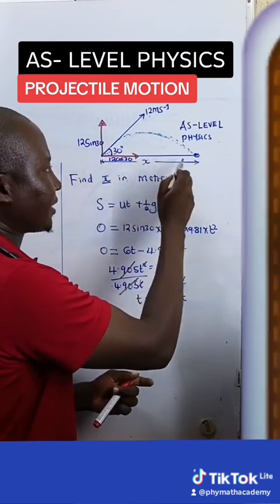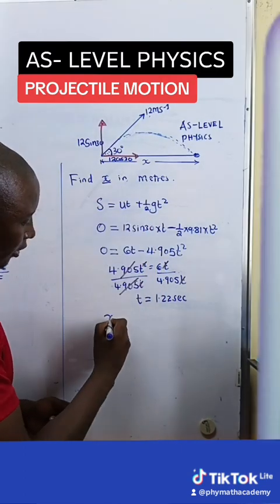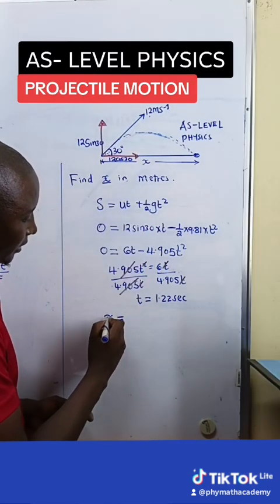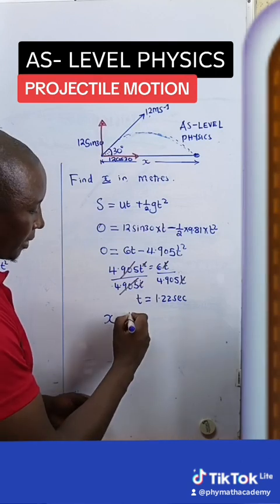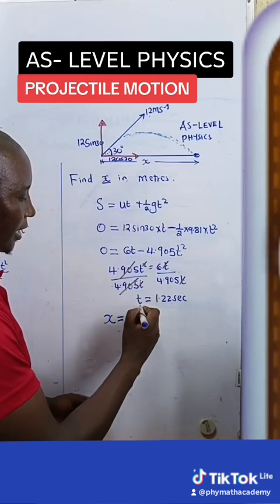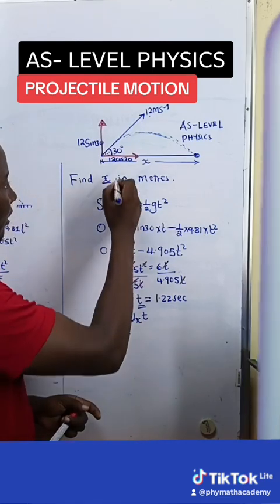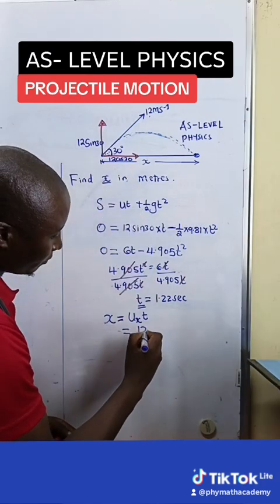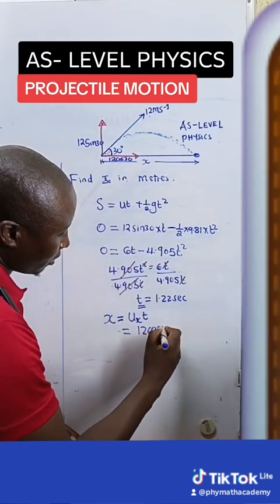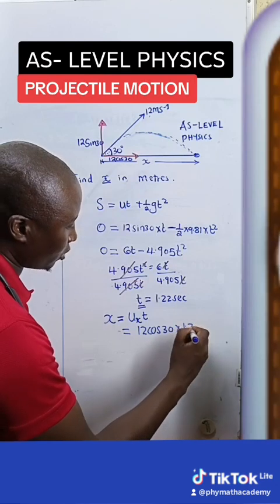So which distance is it going to cover in the horizontal direction? x is the range, which is going to be given by the formula u in the x direction times the time t that we have gotten at this point. So that is going to be u in the x direction, which is 12 cos 30, times 1.22.